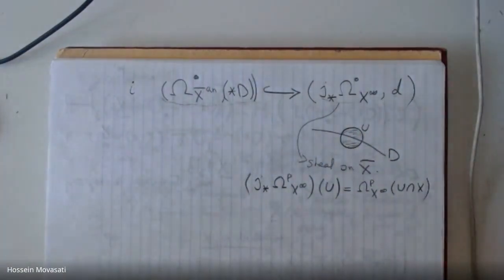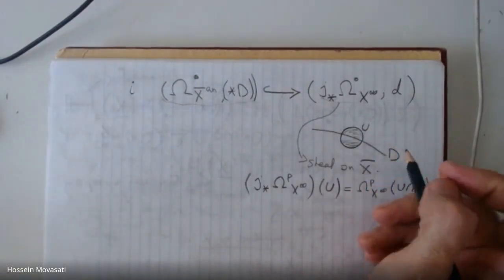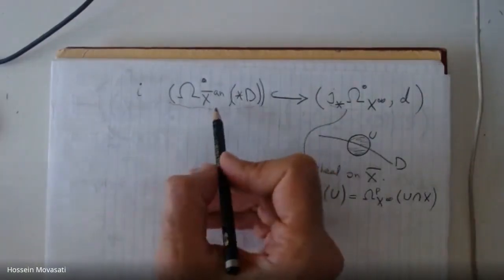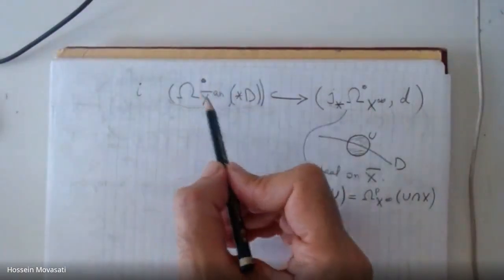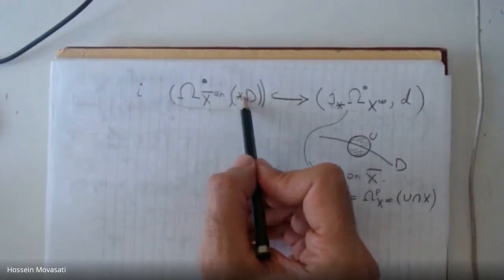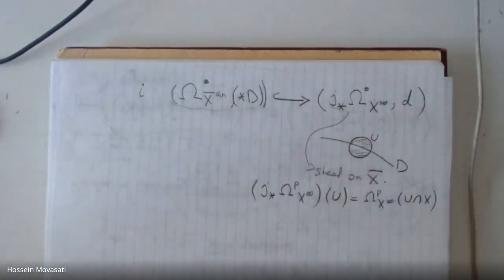It's a kind of sheaf-theoretical extension of a sheaf to D, and actually you don't extend in the analysis way. Anyway, once again, if I have a meromorphic differential form with poles along D, they are already C infinity.